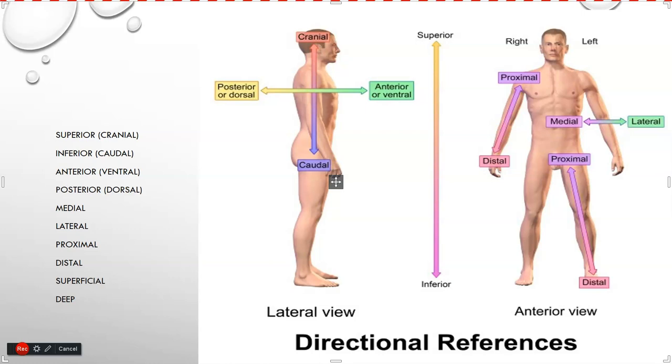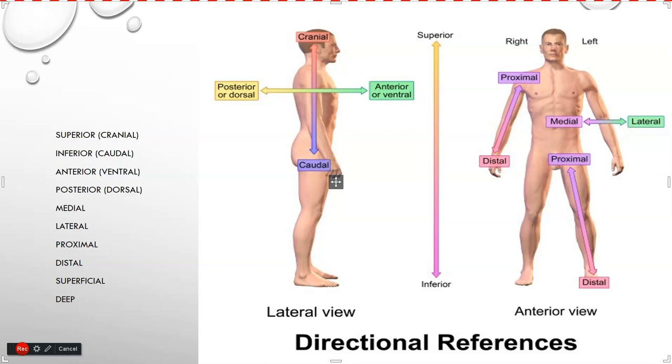The other thing that can be used, and you'll find this in anatomy a lot, is that there are two ways to say the same thing. Some may use the term cranial or cephalad for superior, and some may use the term caudal for down or below. Cranial represents the head or above, caudal represents tail or below.